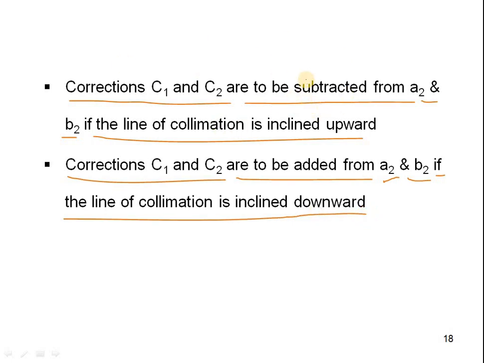As we have seen in the previous diagram, inclined upwards and inclined downwards. So whether it is inclined upward, we have to subtract, minus, and if it is downwards, we have to do plus.